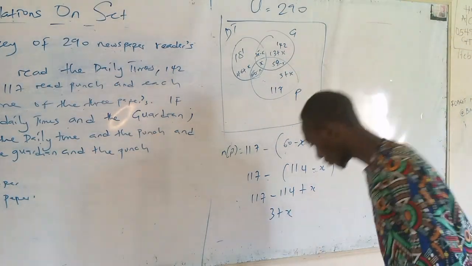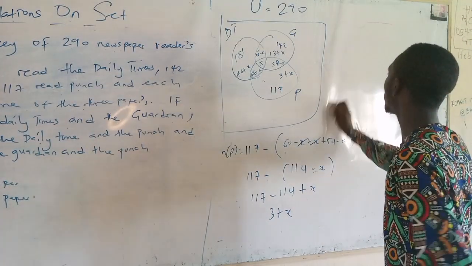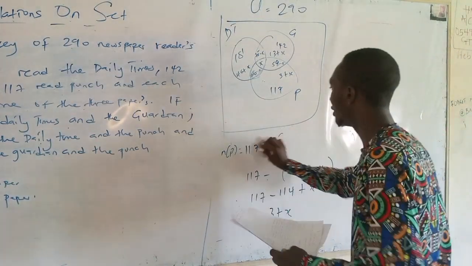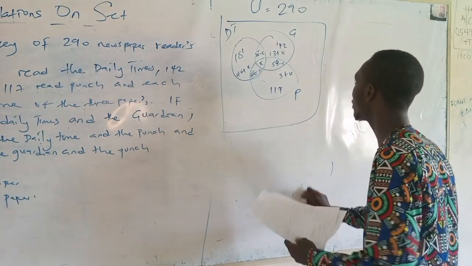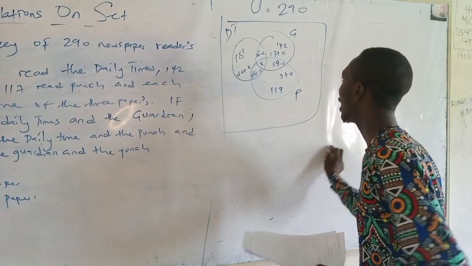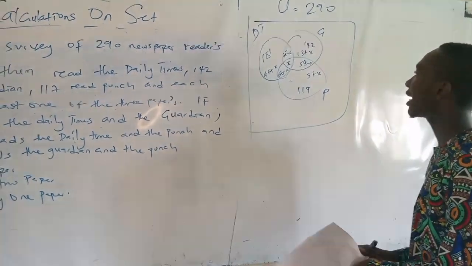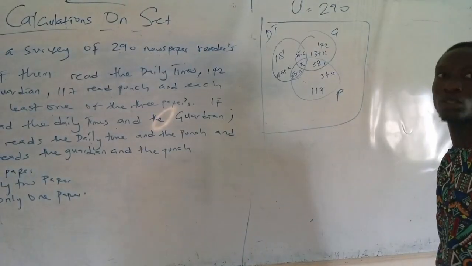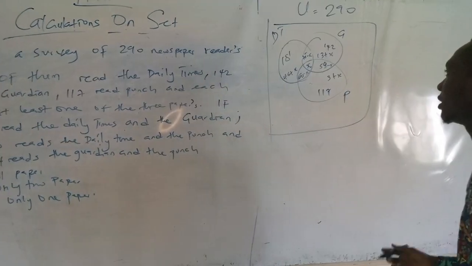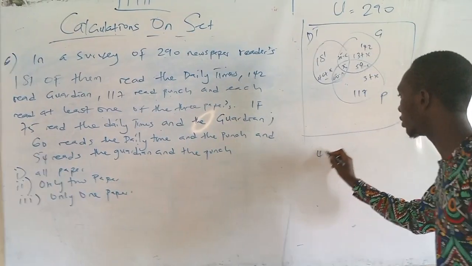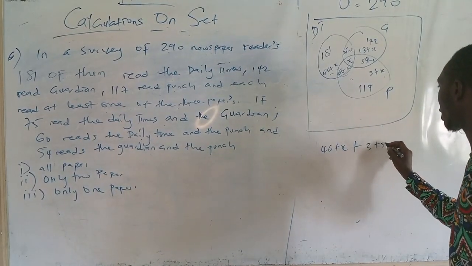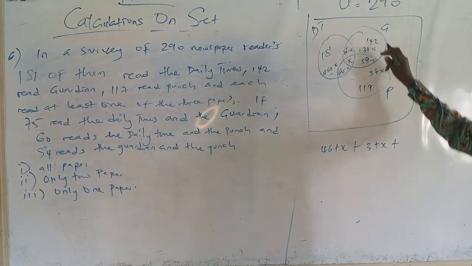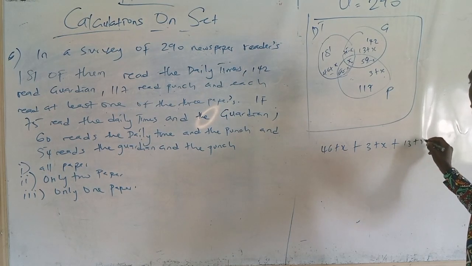Okay? Now after this, what was the next step? The next step is to add the only for guidance, double times and punch, and then add it to the double and add it to the what? Triple ones. And then equate it to what? 290. Now let it. Only for daily times 46 plus x, plus only for punch is what? 3 plus x, plus only for guidance 13 plus x.